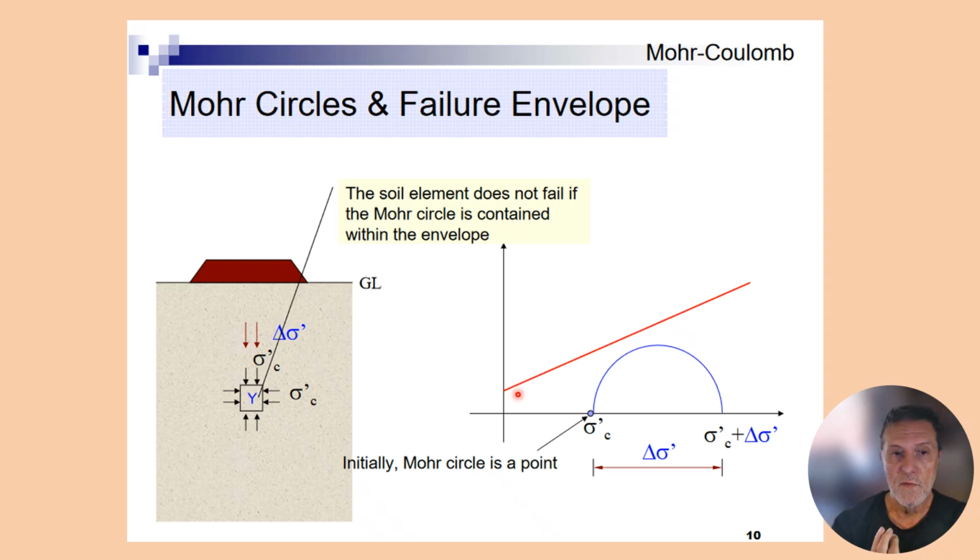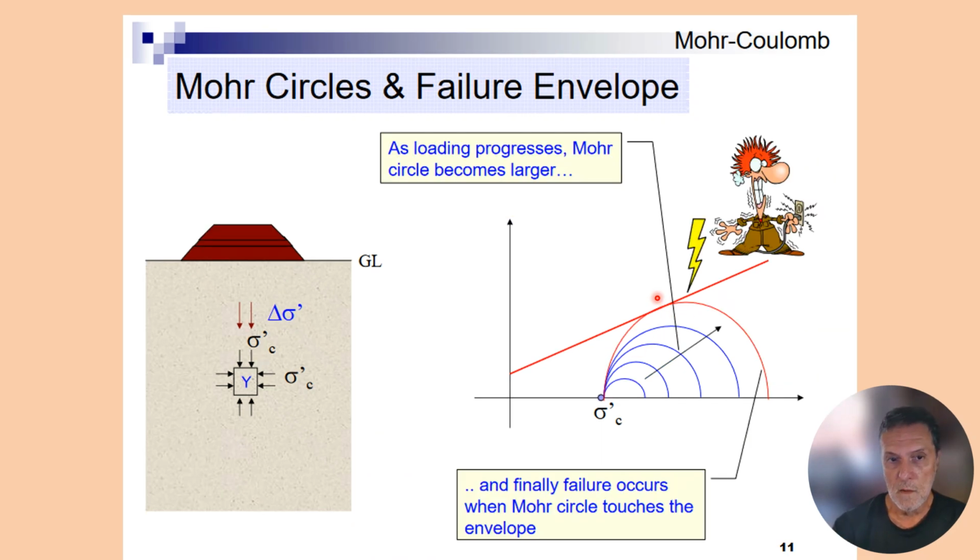So again, you have the failure envelope. This is what's called Mohr's circles. It's a plot when you're subjecting a sample of soil to normal stress and shear stress. Again, this is the curve of shear failure. Once this circle exceeds or goes beyond this line, you have a sample in failure, like shown here.